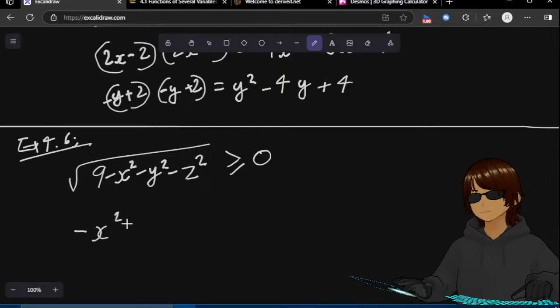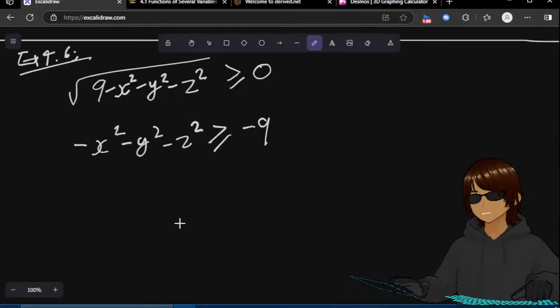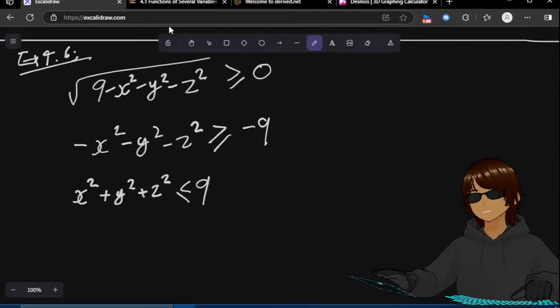So then we can write it like this also. And if we do minus, the sign changes. So I'm guessing this is the domain, right?